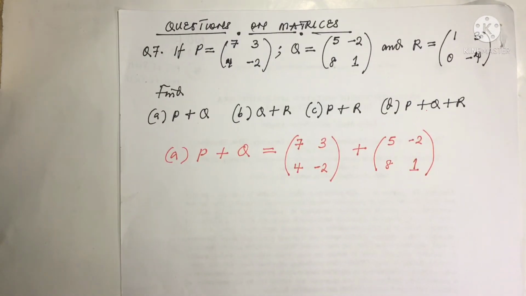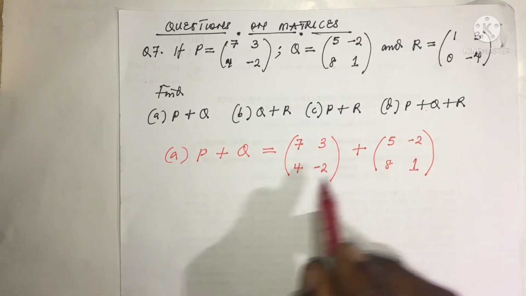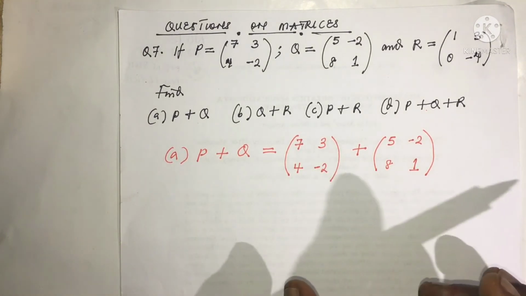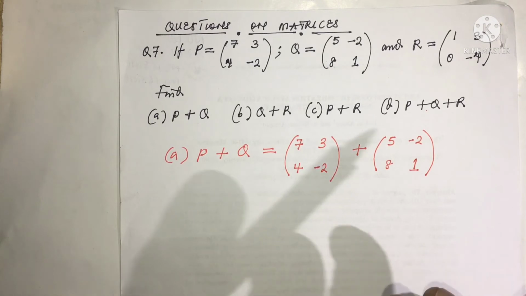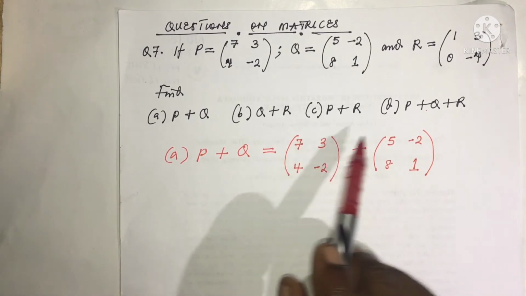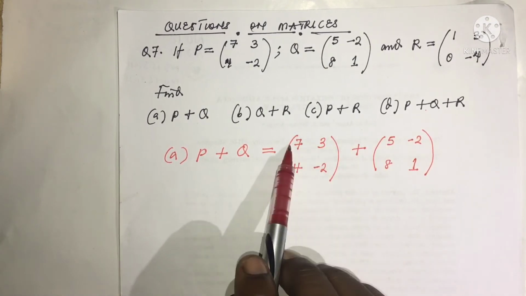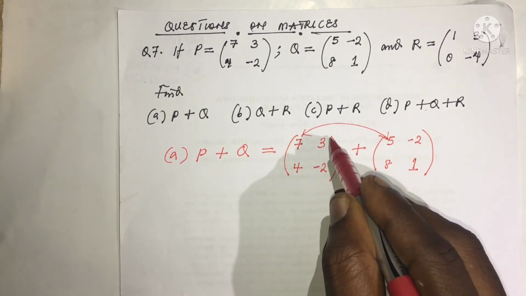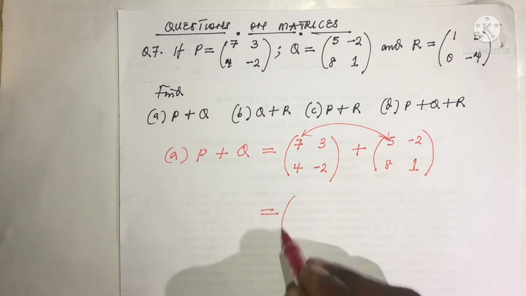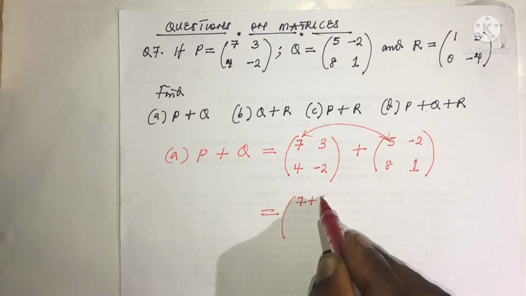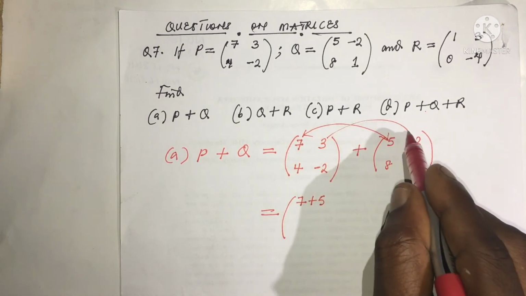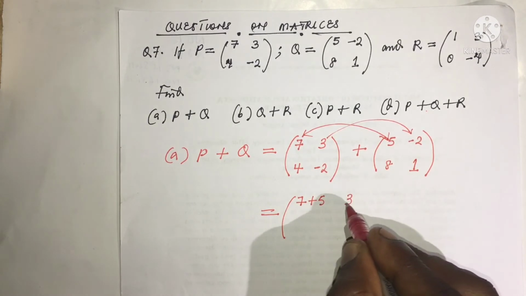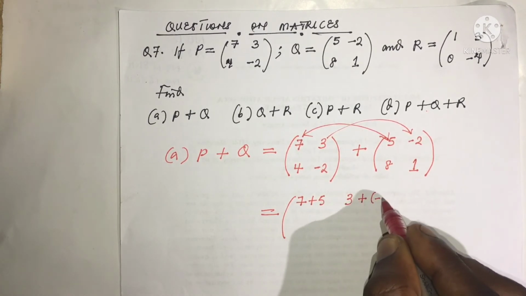Okay? So remember, to add matrices, they must be of the same order. And doing the actual addition requires that you add elements occupying similar positions. So I'm going to add 7 to 5, and that will give me 7 plus 5. I'm going to add 3 to minus 2, and that will give me 3 plus minus 2.